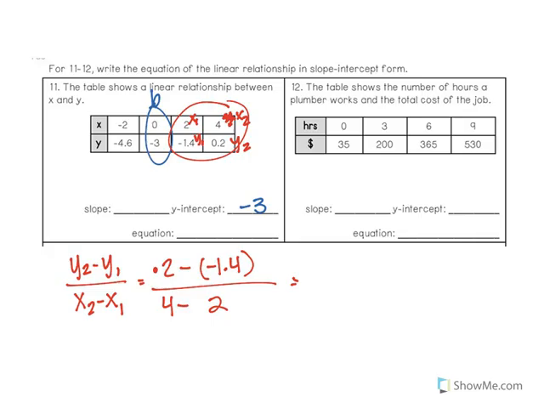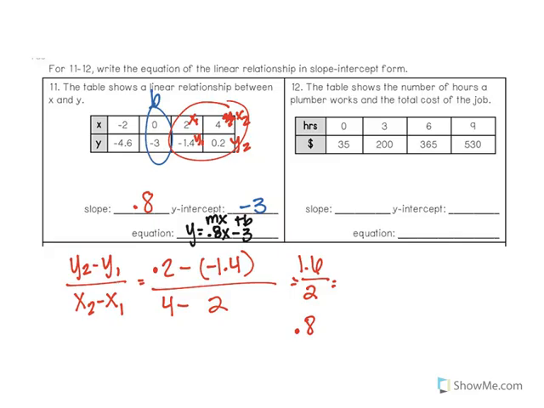And then I do my math, so I would do 0.2 minus a -1.4, and I get 1.6 over 4 minus 2 is 2. When I simplify that down, I get a 0.8. And I'm going to go ahead and list that as a 0.8, just because when graphing and looking at this, it makes it a little bit easier. So my equation is y equals that mx plus b. My m is 0.8x. My b is a -3, so I write -3.